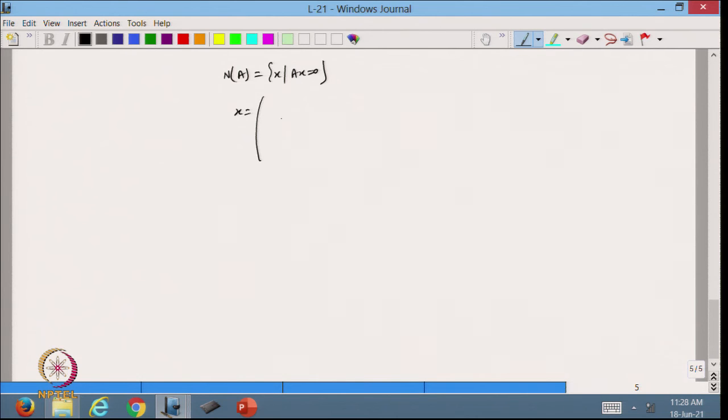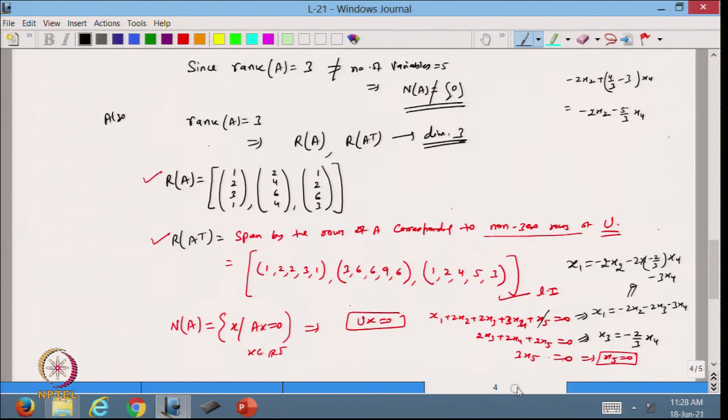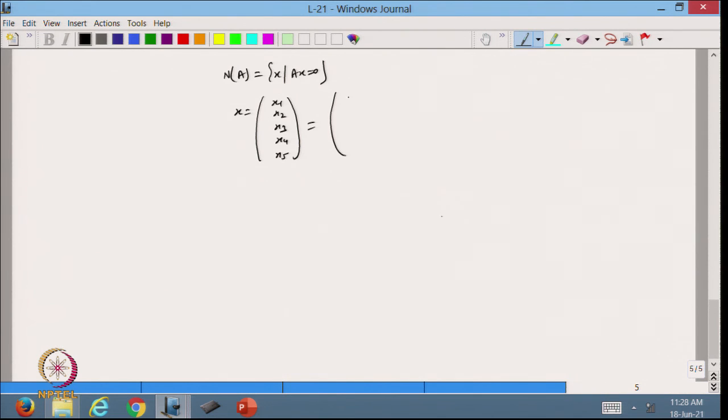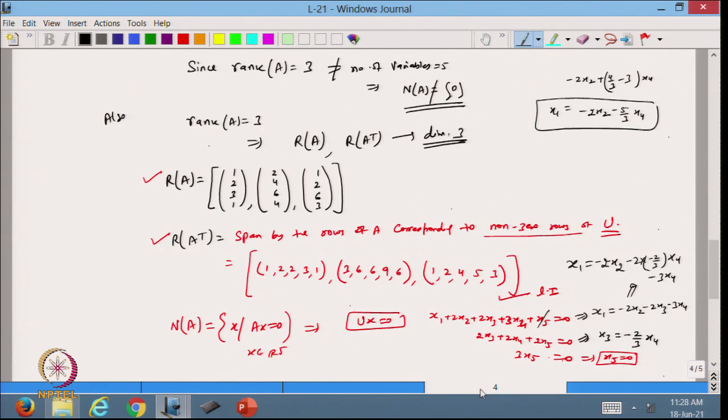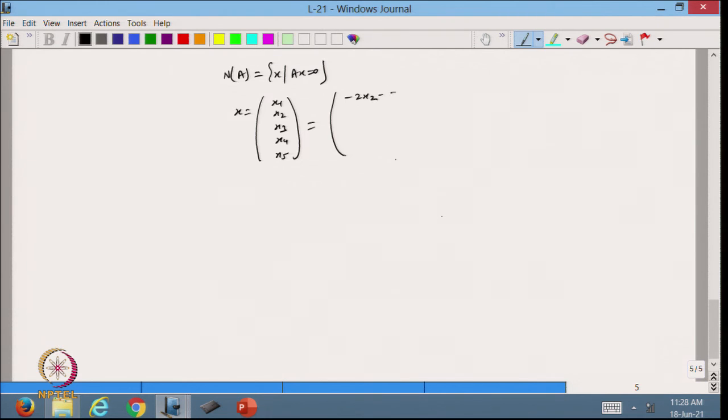So, x is basically x1, x2, x3, x4, x5. My x1 I have written, so this is my x1: it is minus 2 x2 minus 5 by 3 x4. Then x2 is x2, x3 is minus 2 by 3 x4, x4 is x4 and x5 is 0.